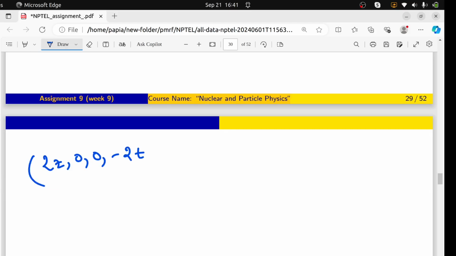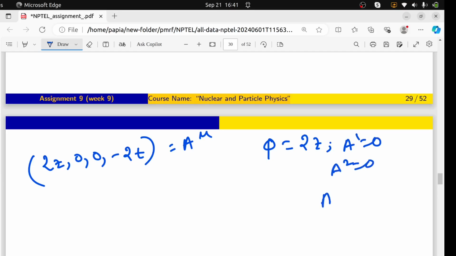What does this mean? This means that our φ is 2z, A1 is 0, A2 is 0, A3 is minus 2t. So again E is minus grad φ minus ∂A/∂t.